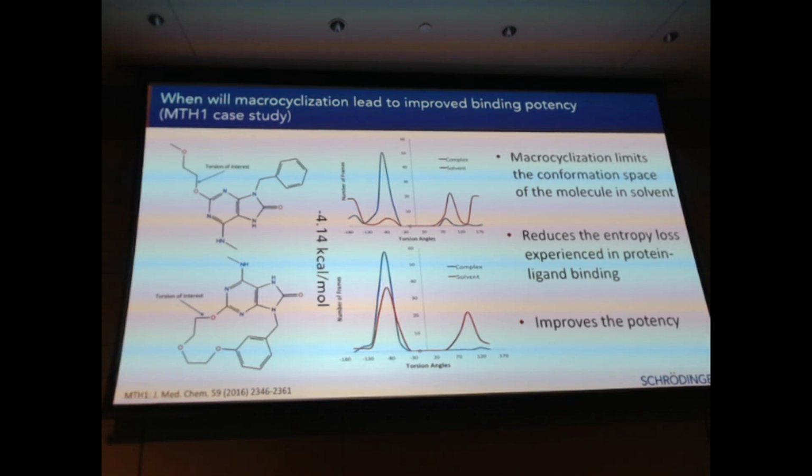However, their distributions in solvent are dramatically different. In particular, while the linear molecule can sample many different conformations in solvent, cyclization limits the amount of conformational space in solvent, reducing the amount of entropy loss experienced upon protein binding, leading to the improvement in potency.